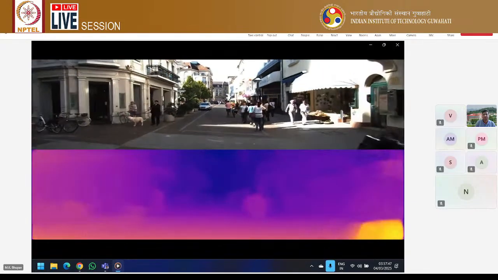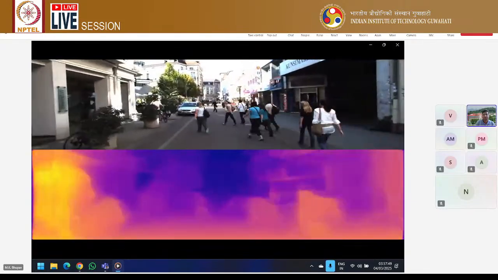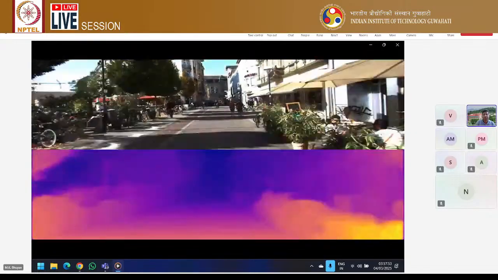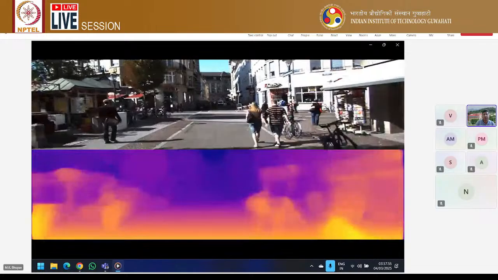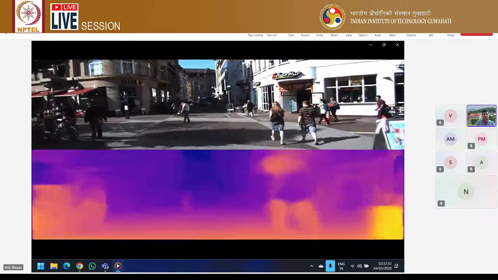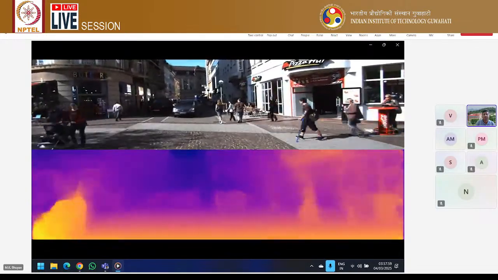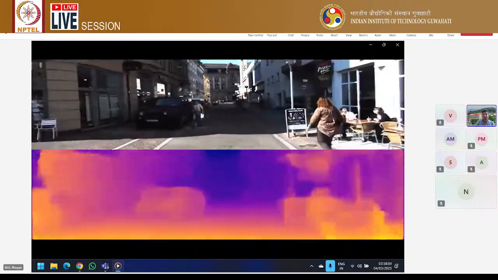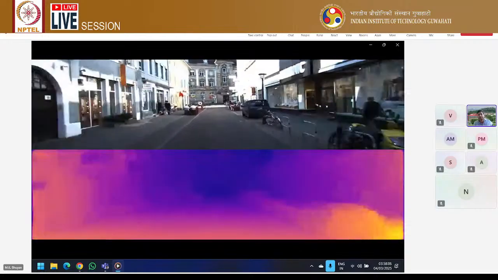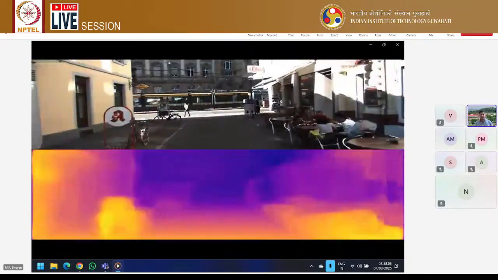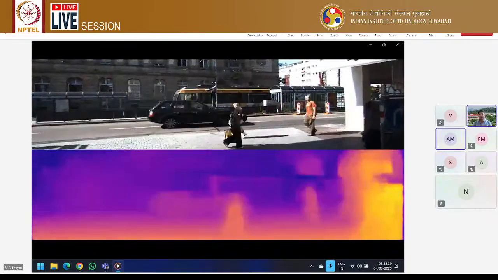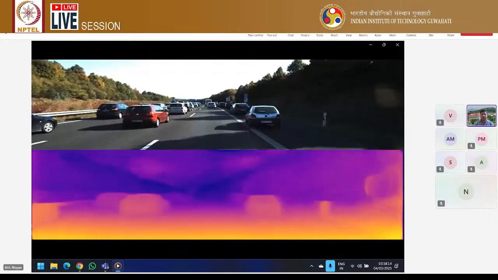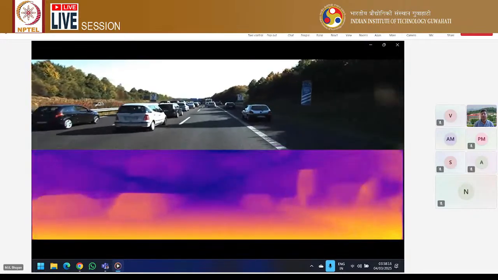This is the disparity information, the depth information we are getting, and accordingly we are moving the vehicle. This is what I discussed in stereo vision: with the help of two images, the left image and the right image, we can determine the disparity and also the depth information.